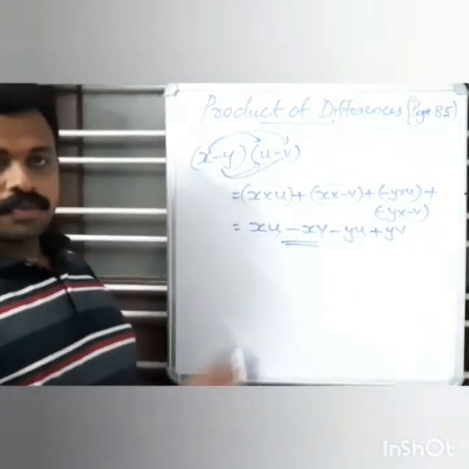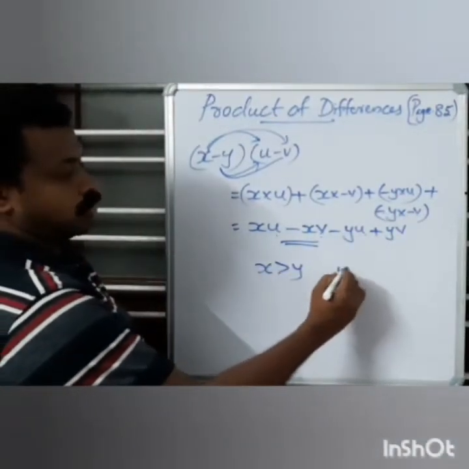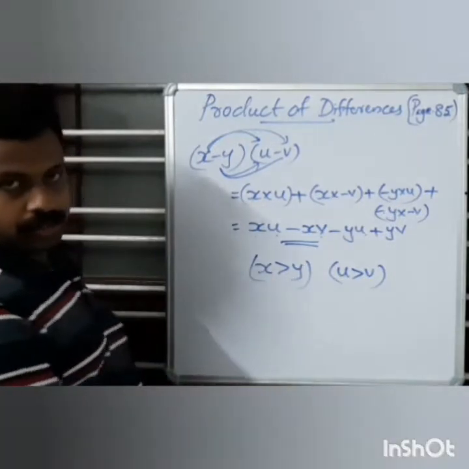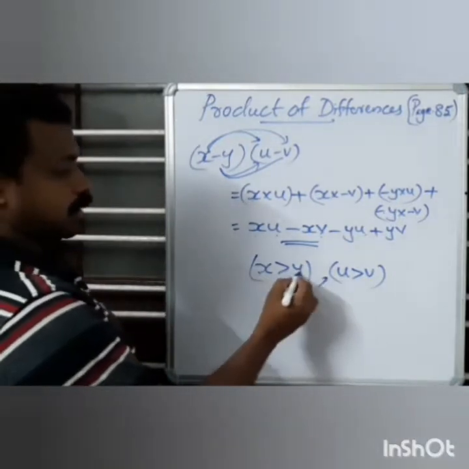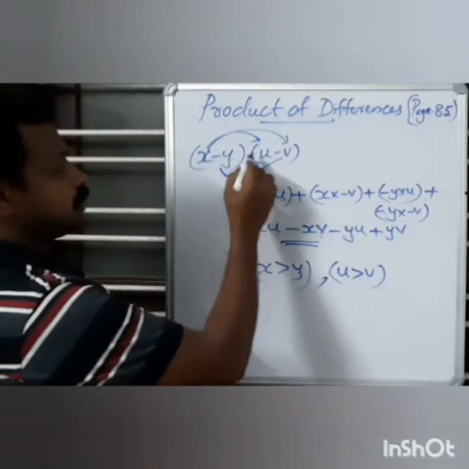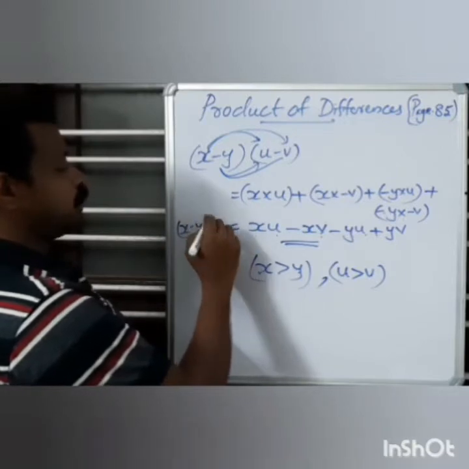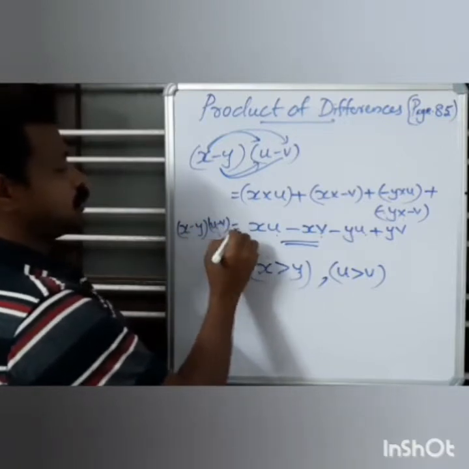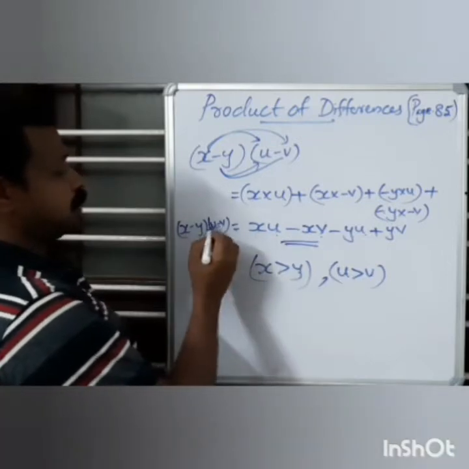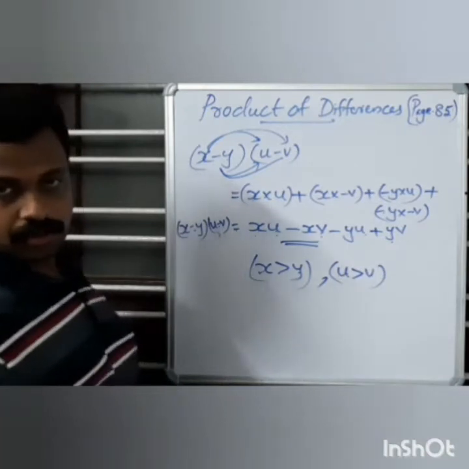Here one condition is there: x is greater than y and u should be greater than v also. These are the two conditions. X is greater than y and u is greater than v. So you can write x minus y into u minus v is equal to xu minus xv minus yu plus yv.